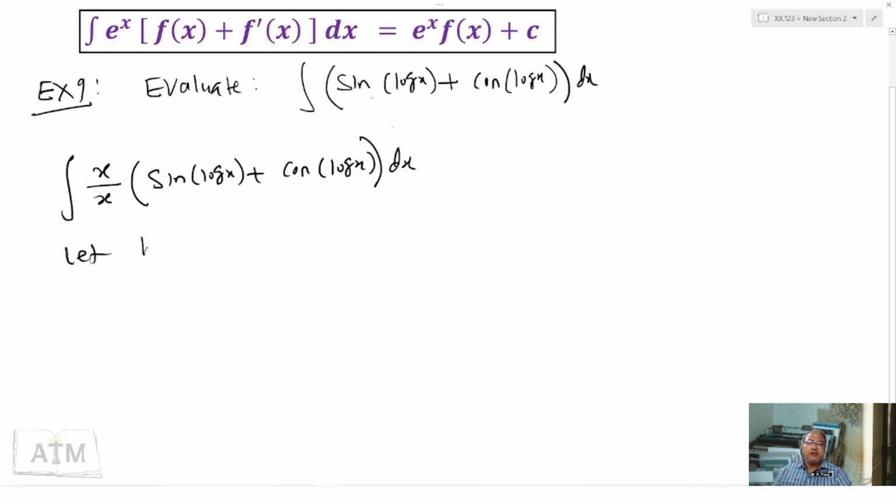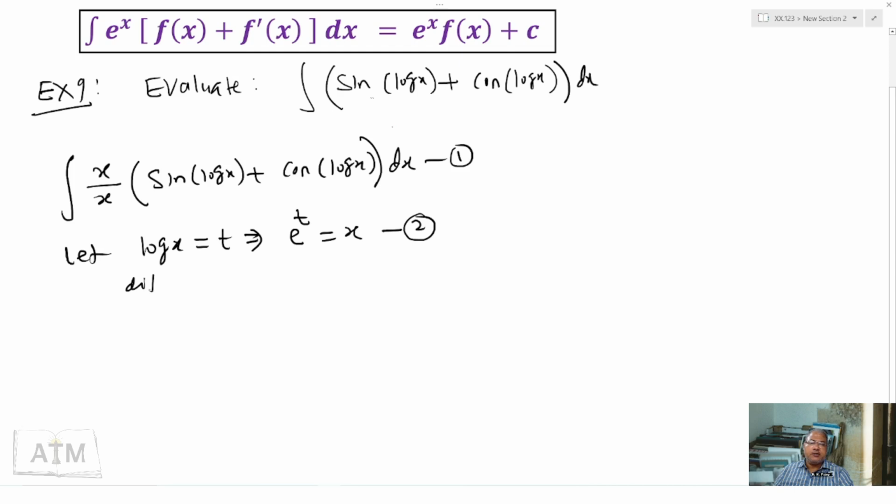Then let log x equals to t implies e raised to t equals to x. Call it 1, call it 2. After that, when we are putting log x equals to t, we are undergoing the substitution method.